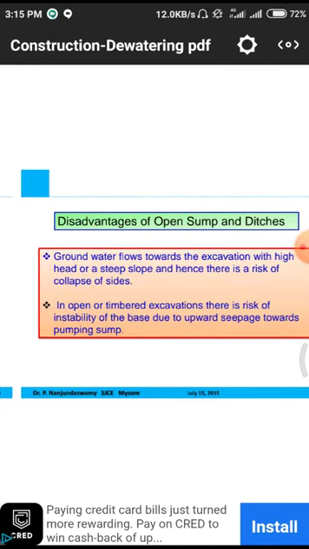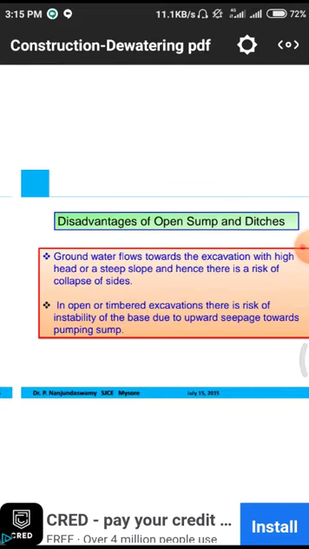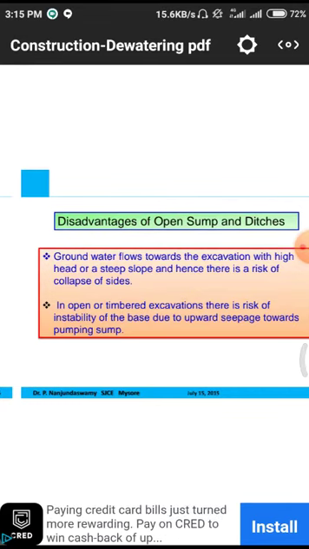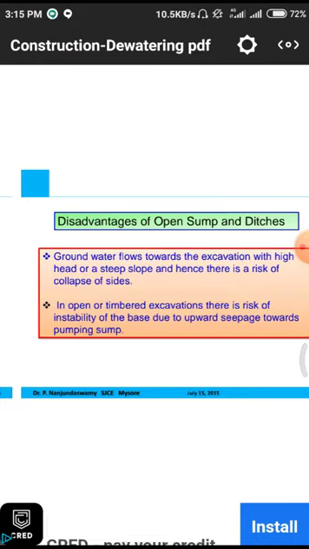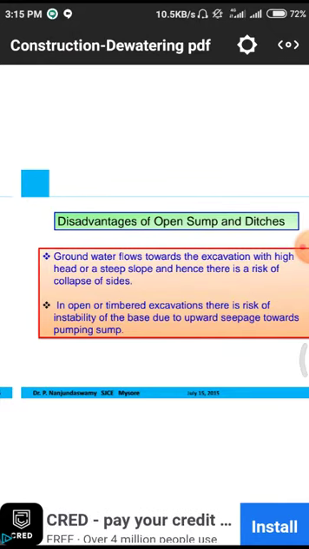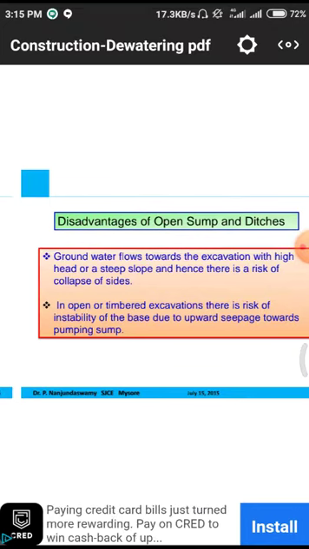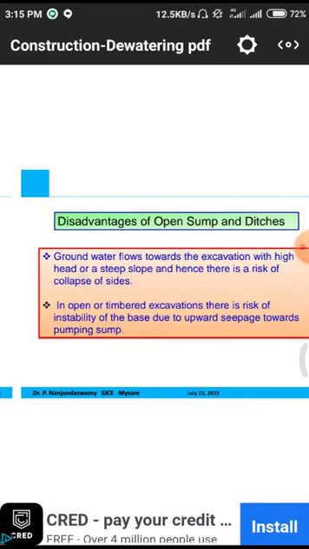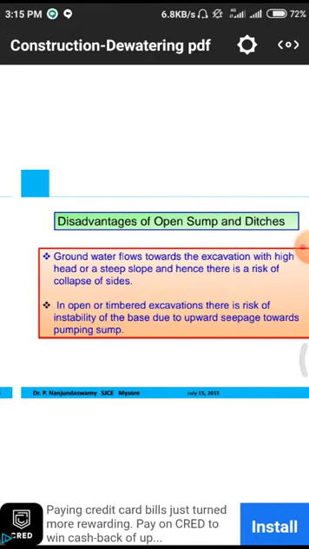Whenever we do dewatering, automatically the soil parameters, from the normal ground level up to the depth, can change. Why? Because we are removing the total water content in the soil. It may decrease the ground surface.